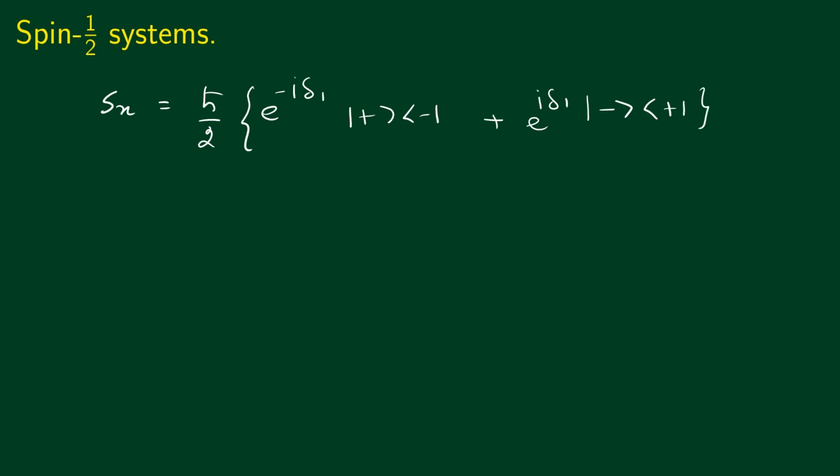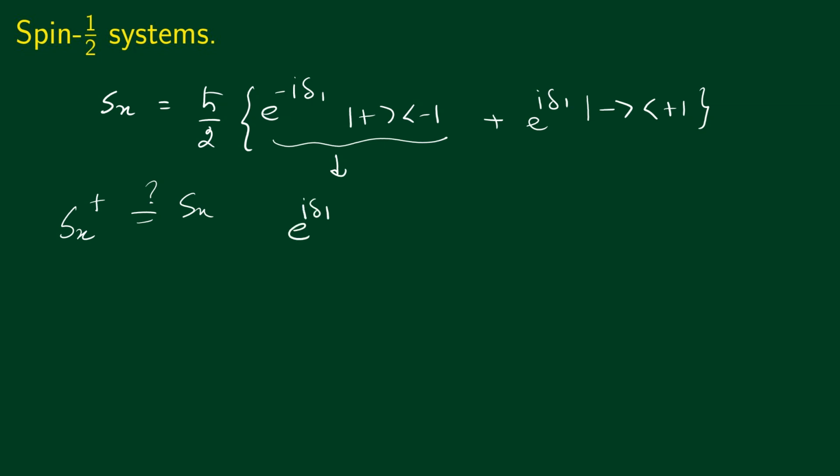Right. Now you can verify whether this is actually Hermitian. We need our observables to be Hermitian operators. You can see that this is actually Hermitian. So how do you check whether this is Hermitian? You take S dagger and see if this is equal to Sx. We can do that here because when I take the Hermitian conjugate of this term, the complex numbers become the corresponding complex conjugate. So this term, when I do the dagger, becomes e raised to I delta 1.